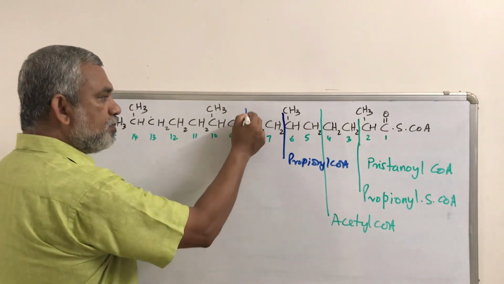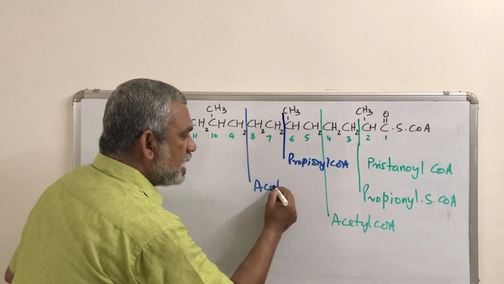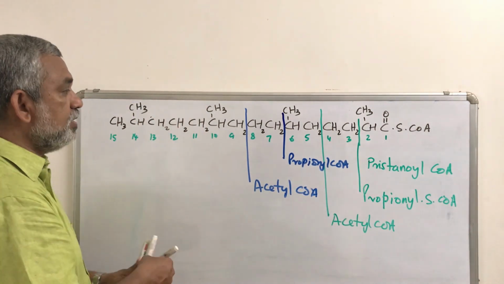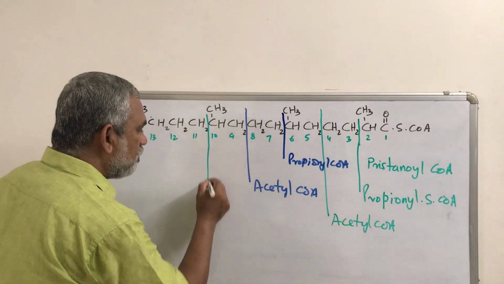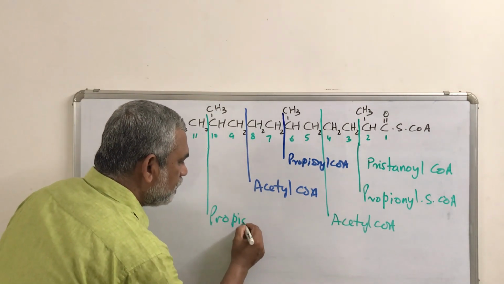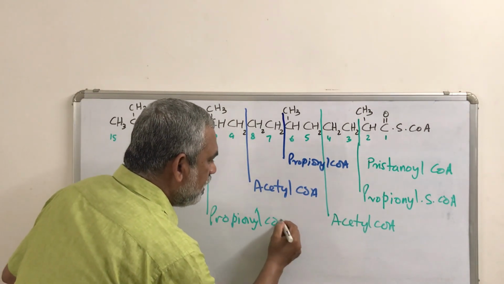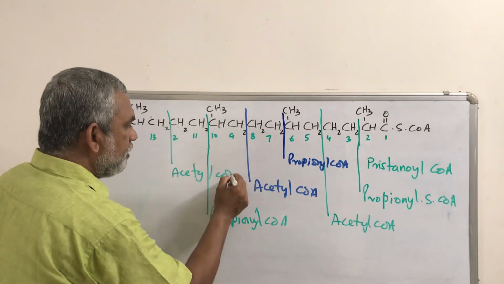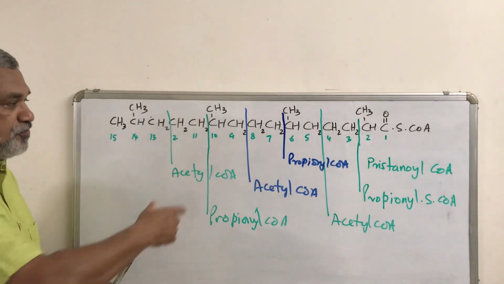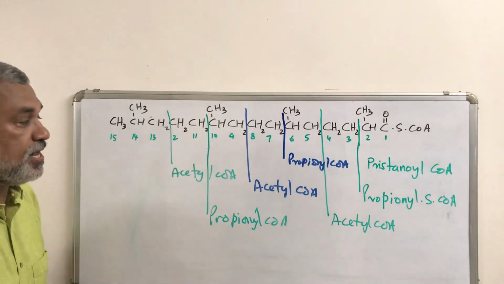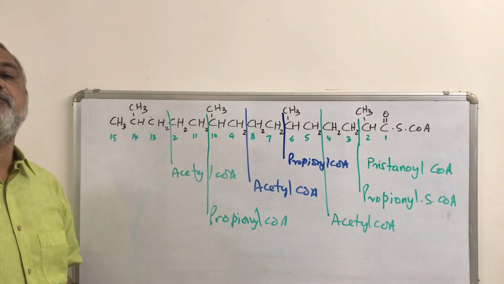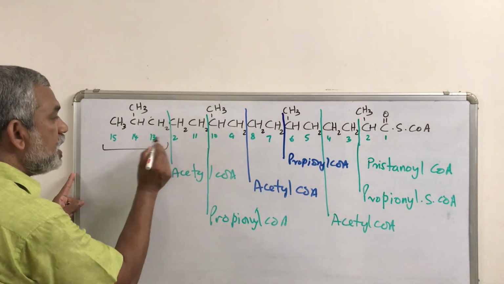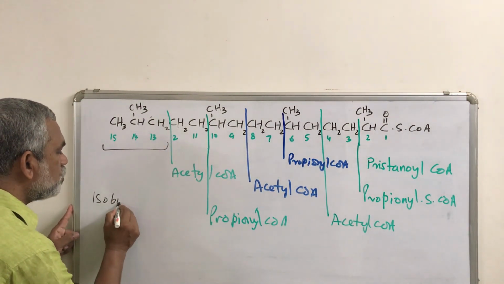Then you have a 2-carbon unit that will be removed as an acetyl-CoA, followed by another 3-carbon unit, this is a propionyl-CoA, and followed by another 2-carbon unit, that is an acetyl-CoA, which means after these many rounds of beta oxidation, you are left with a 4-carbon unit. This 4-carbon unit is isobutyryl-CoA.